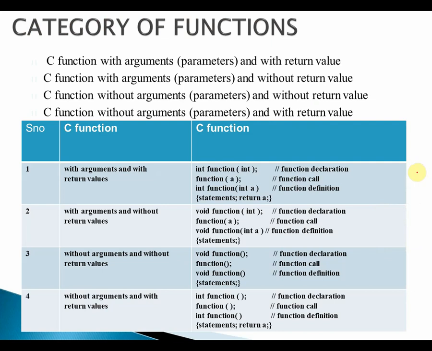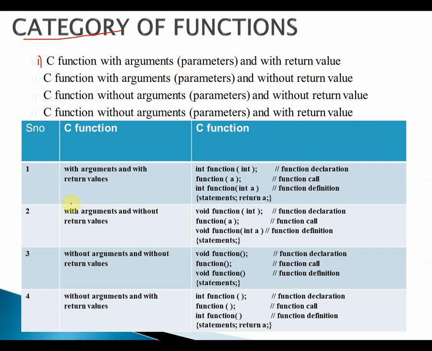Now to summarize with the functions topic, whenever we write functions, okay, functions can be written basically in four ways. Okay, there are four categories, I would say, of function. Number one category is C functions with arguments, also called parameters, and with a return value.